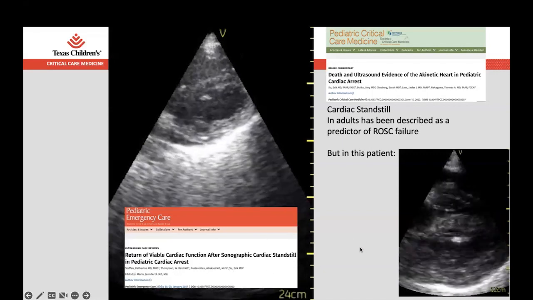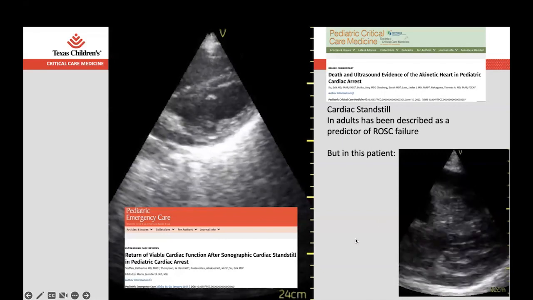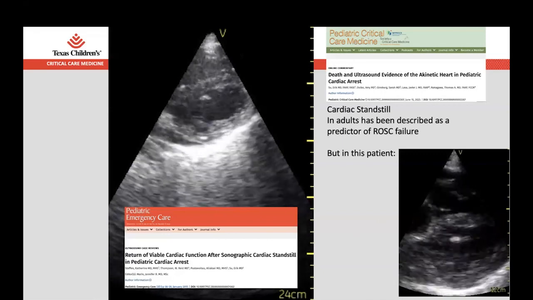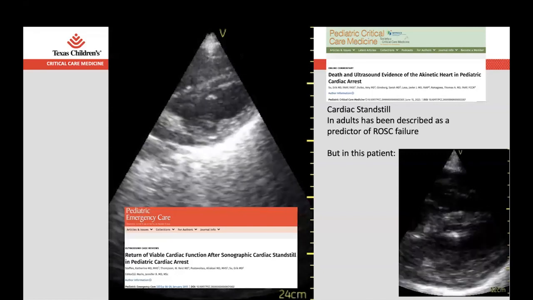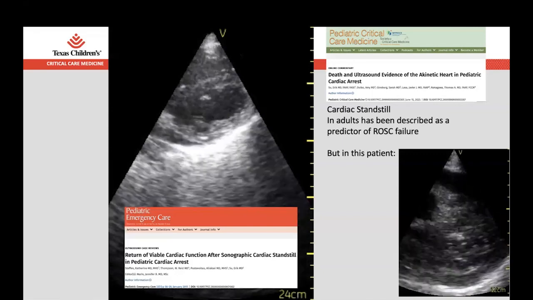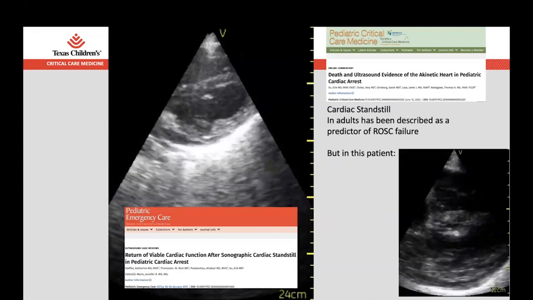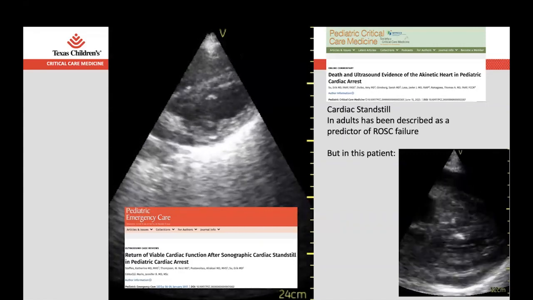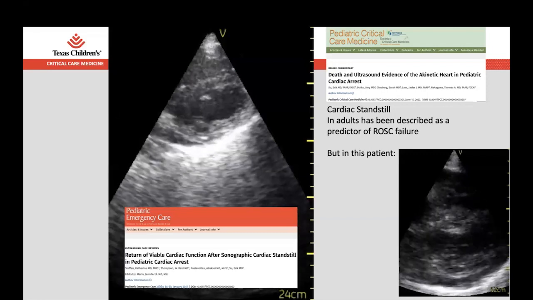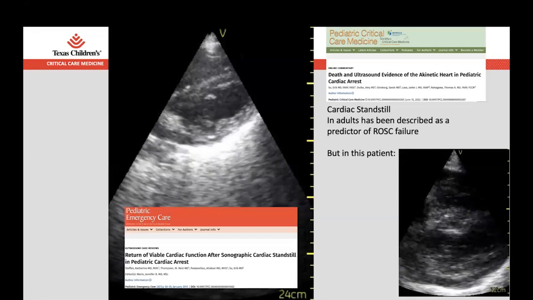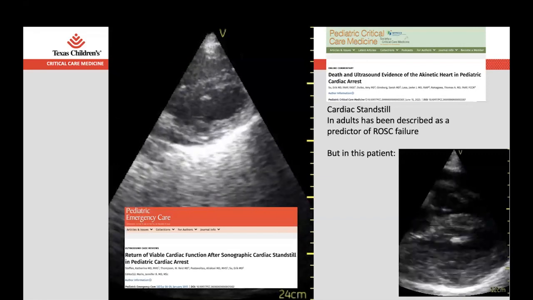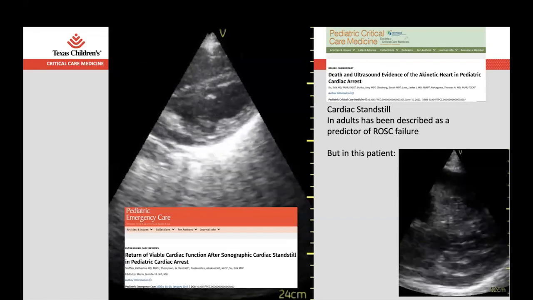And then just last year, looking at everything, the AHA and also ILCOR have put into the PALS recommendations that even though folks do use echo, and even though in the PALS guidelines you can use echo to look for reversible causes, there's caution that using it for prognostication might not be well founded.